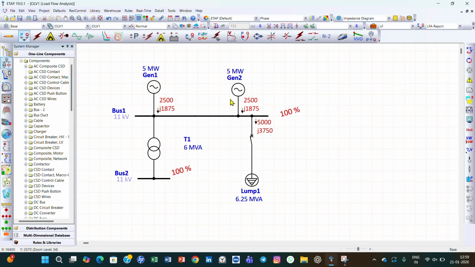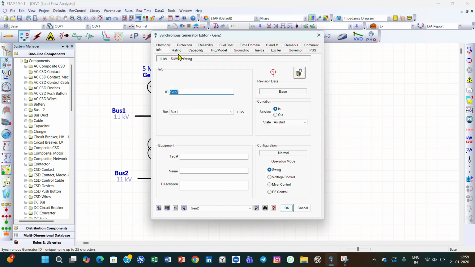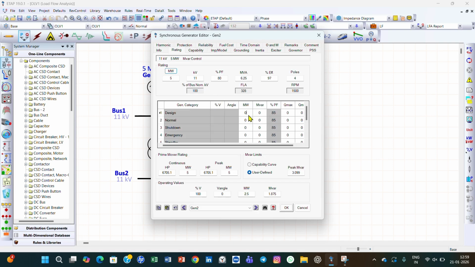Now when you connect two generators in parallel, one of the generators should be in swing mode and the other we will keep in MVAR control mode. You can double click here, select the MVAR control, go to the rating, and define the load here, that is 2.5 and 1.875.